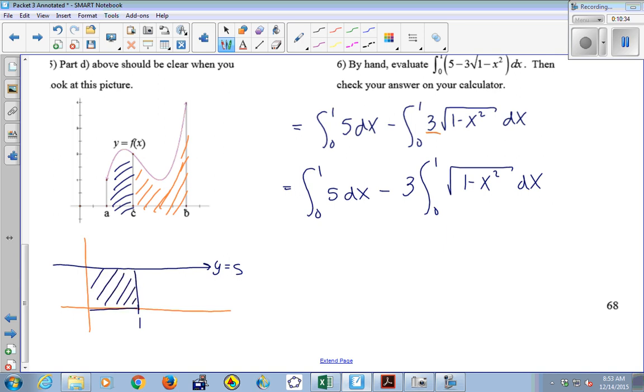Its base is 1, height is 5, so its total area is 5. So this is 5 minus 3 times... This is an integral we just did a few minutes ago. The integral from 0 to 1 of radical 1 minus x squared dx came out to pi over 4. So we get 5 minus 3 pi over 4.